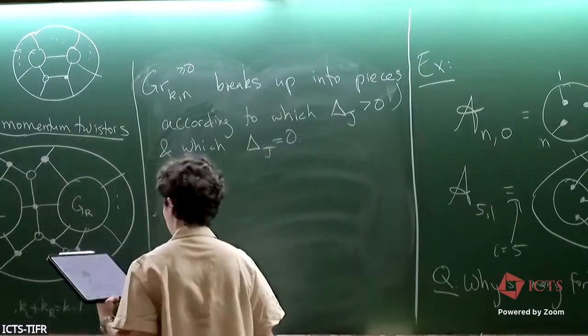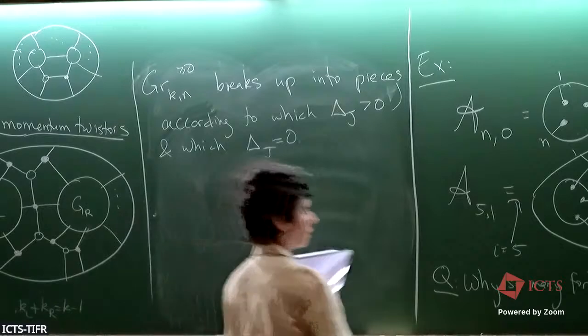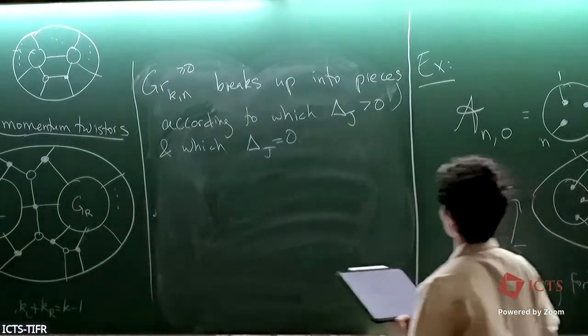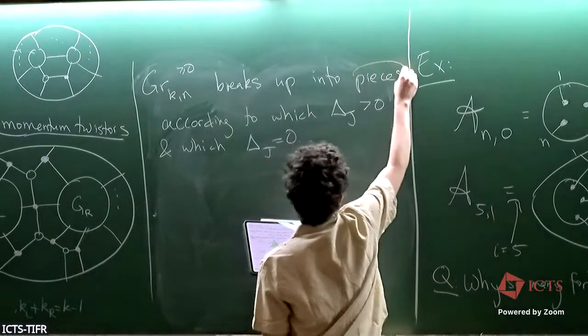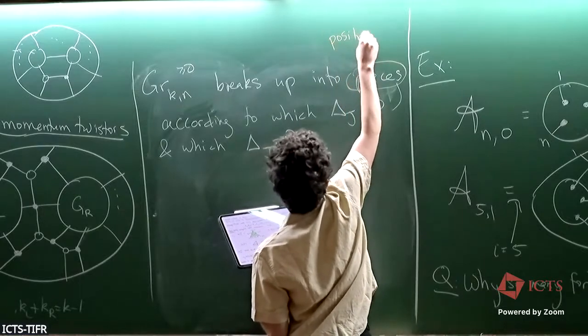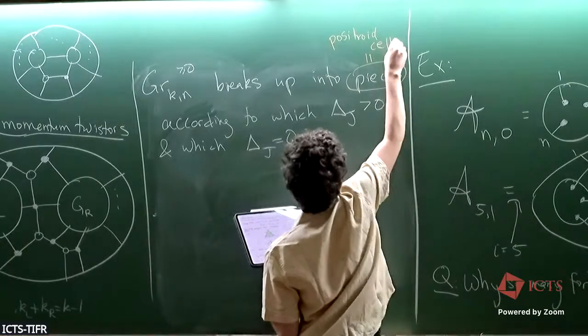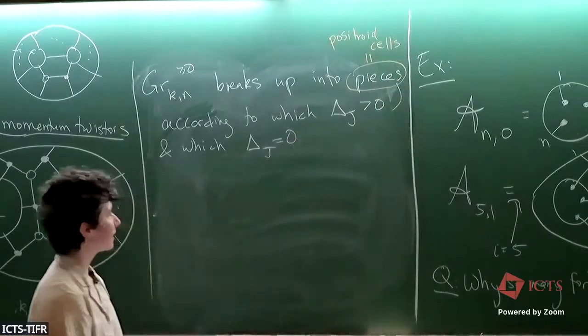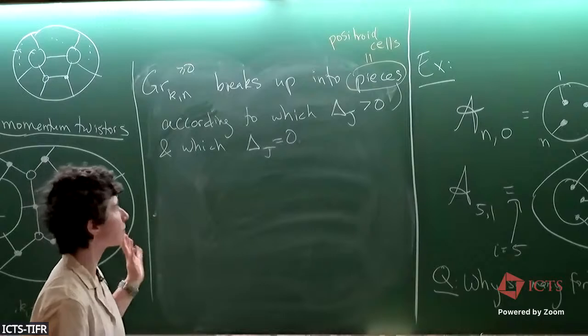And I should say these pieces are called positroid cells. Positroid is a portmanteau of two words, positive and matroid.